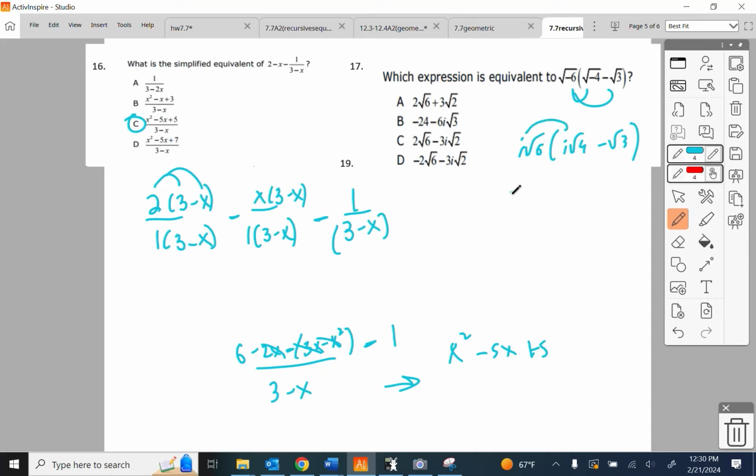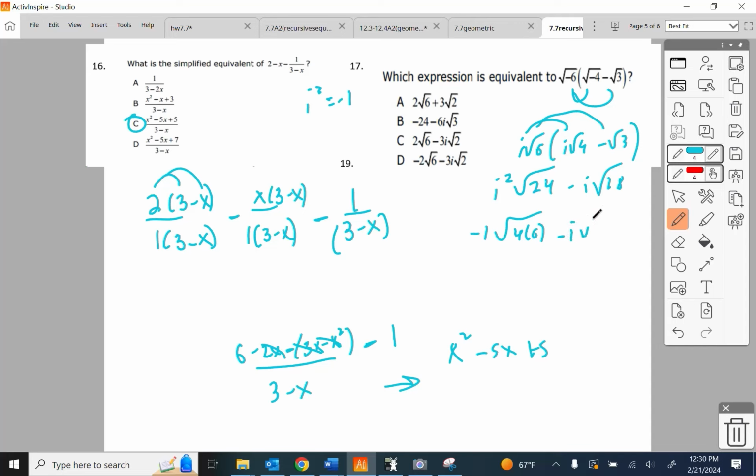So when I multiply these together, I get i squared root 24. And then minus, yeah, I had to do it anyways, minus i root 18. And I'm going to go through the radical simplification step. Now I know i squared is negative 1. So this is a negative 1. 24 is going to be 4 times 6.